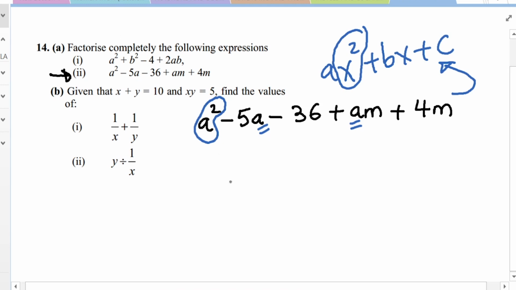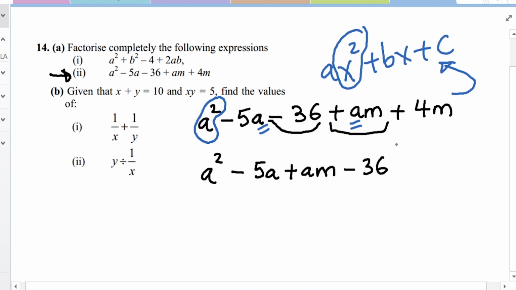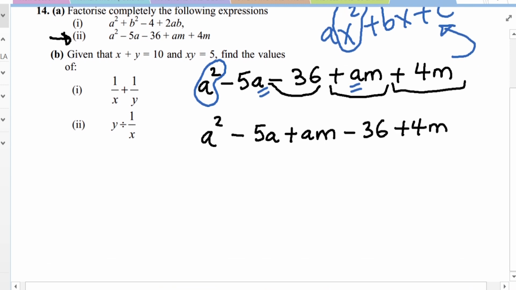So in rearranging, I will come here and say this is a squared minus 5a. So anything that has a, this is am right there. So I shall say it's plus am. Then the other things will fall now like minus 36, then plus 4m. Let me rearrange it like that. So, moving on, this is going to become a squared.